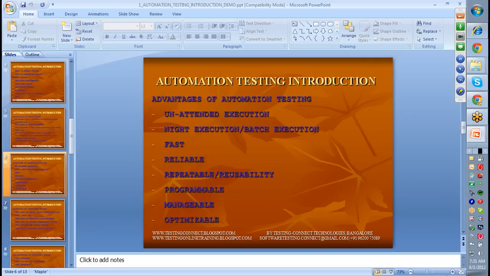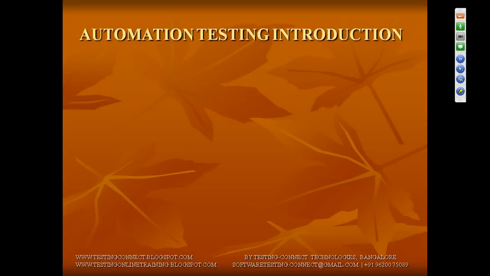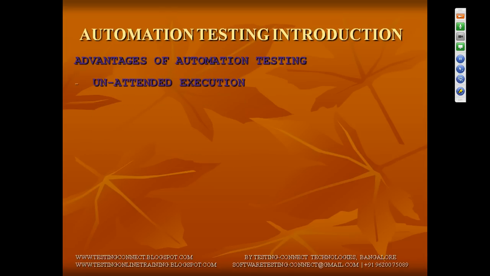Okay, but unattended execution means you come up with a very good framework, so you don't touch your execution. What you can do is, before that, how will you get releases?